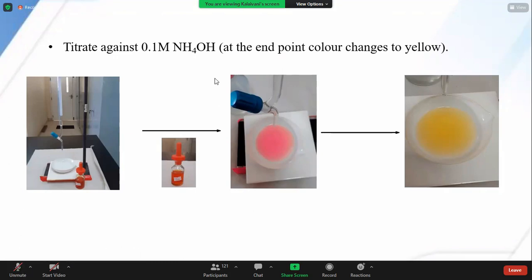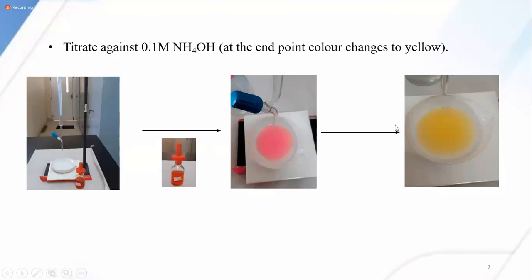You can observe it in the slide also. Methyl orange. After adding the methyl orange to the solution, it will turn pink, and at the end point, it changes to yellow or colorless.